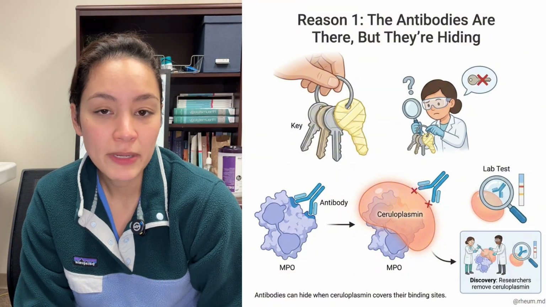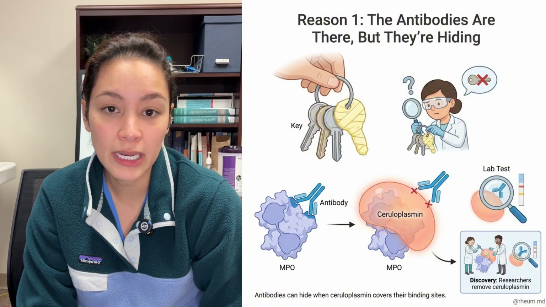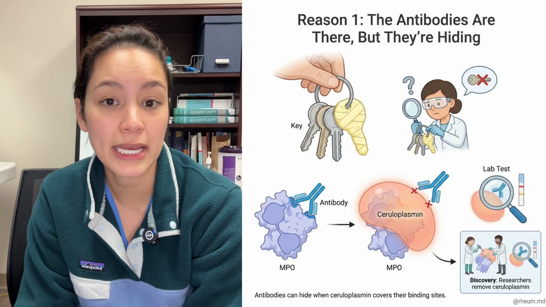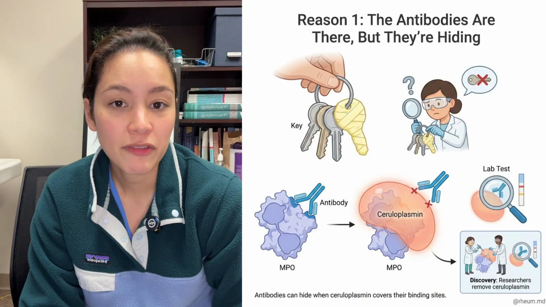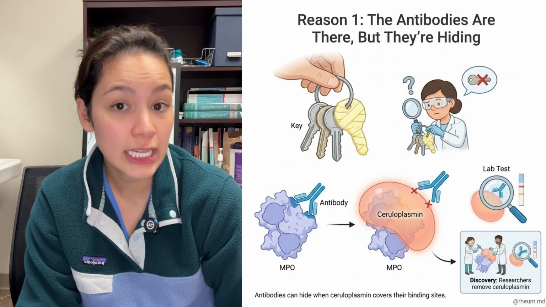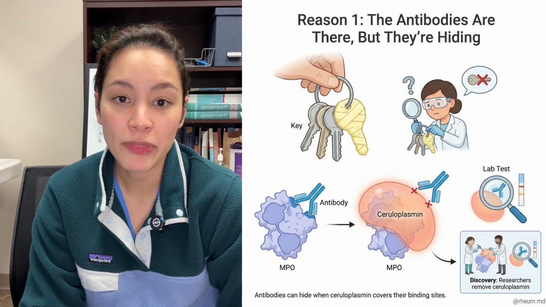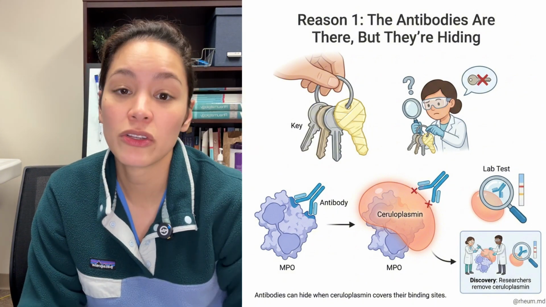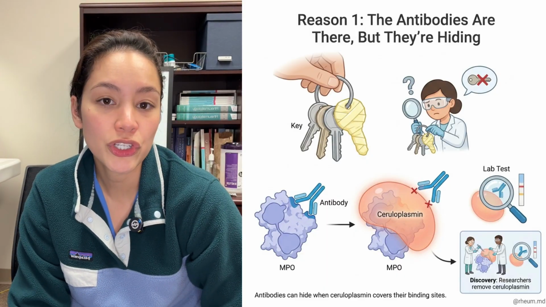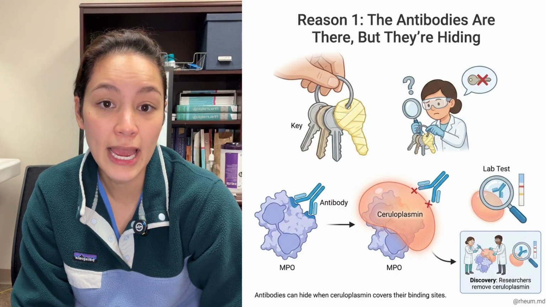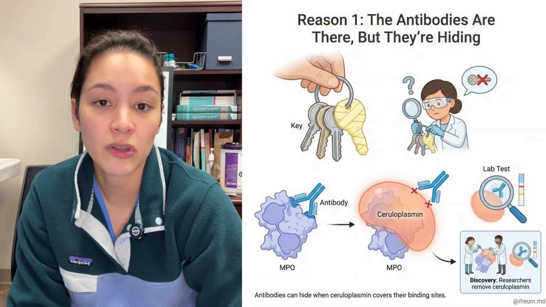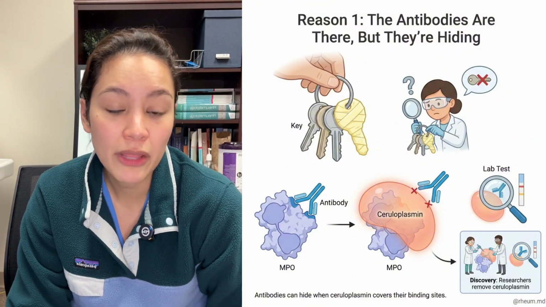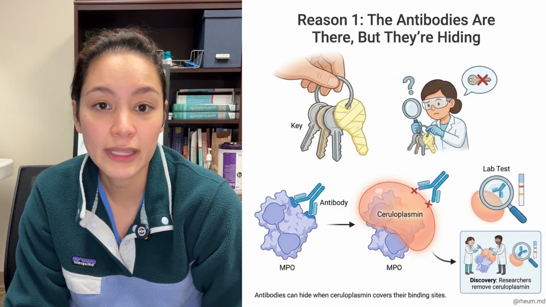When the standard lab test looks for that MPO antibody, they can't see it because it's physically covered by the ceruloplasmin. Imagine trying to find a specific key on a keychain, but somebody has wrapped that key in tape so that it no longer looks like that particular key anymore. When researchers stripped away ceruloplasmin in the lab, the antibodies became visible. So in these types of patients, the antibodies are real and pathogenic, the test just can't find them.